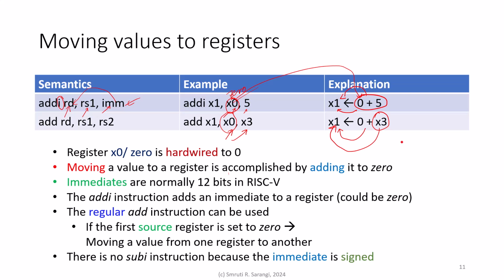So there is this nice trick packed in here, which is that if the first source register is 0, it is tantamount to a regular immediate move or a regular register move. That is exactly what it is, nothing more than that. Otherwise, it's a simple add instruction.